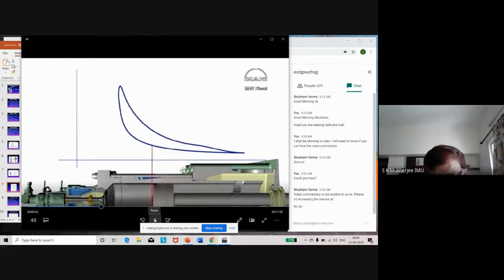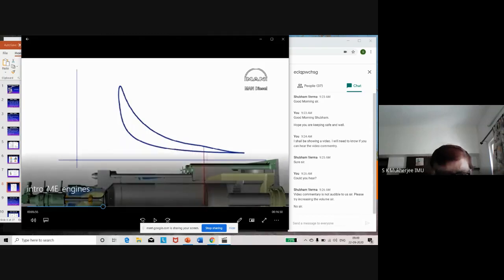Now compression is going on. And near the upper dead center, the pressure rises very rapidly. And now it is expanding. As it expands, that is the point where the exhaust valve will open because there is no exhaust port. So exhaust valve opens means the pressure drop has a sharper gradient.